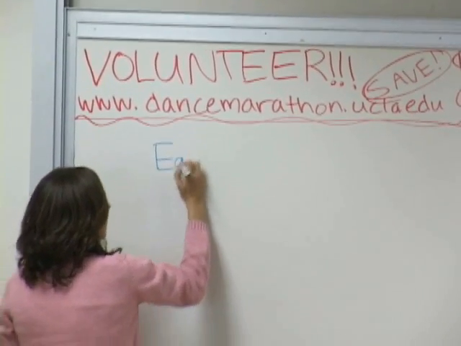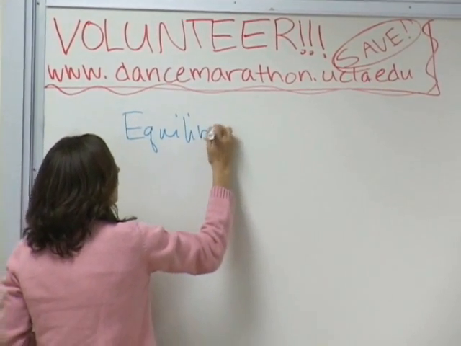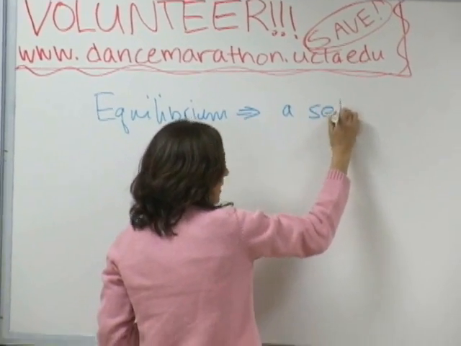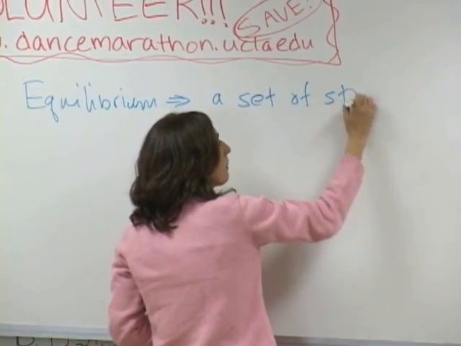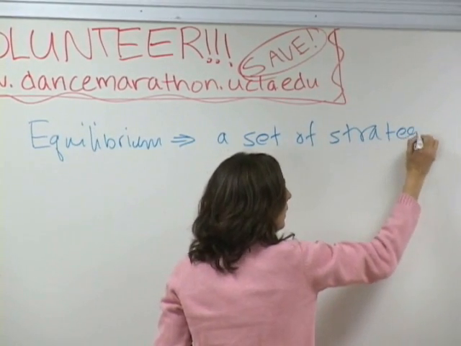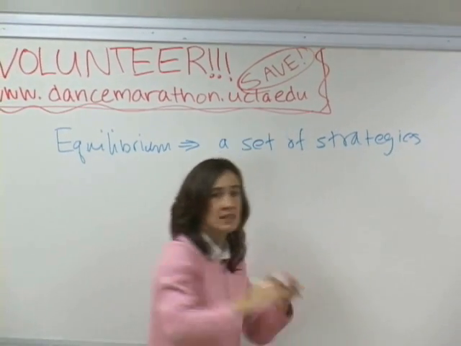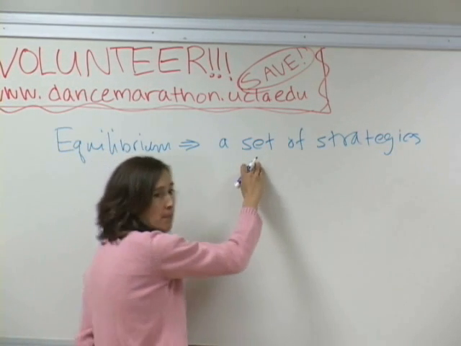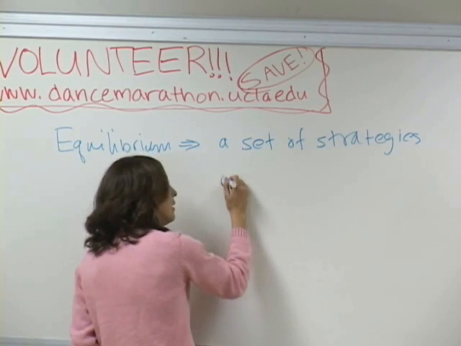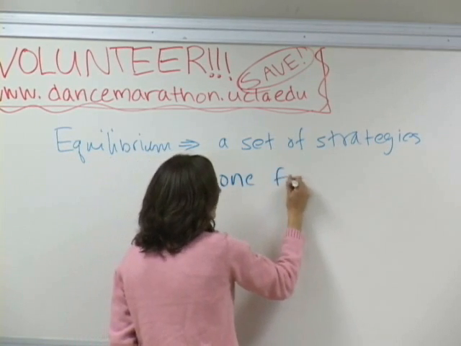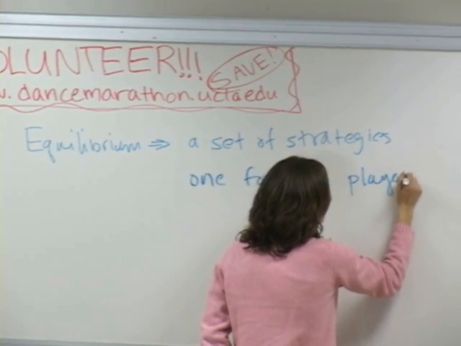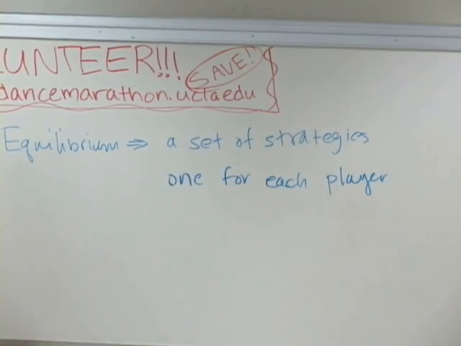The equilibrium, the first thing is it's a set of strategies. Remember, equilibria are our biggest thing. Strategies are composed of actions, and equilibria are composed of strategies. Well, how big is the set of strategies? The answer is 1 for each player.